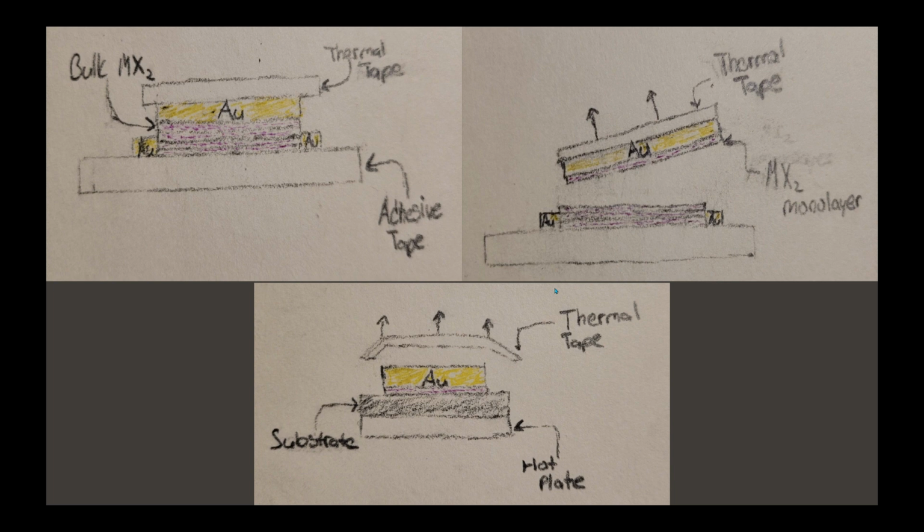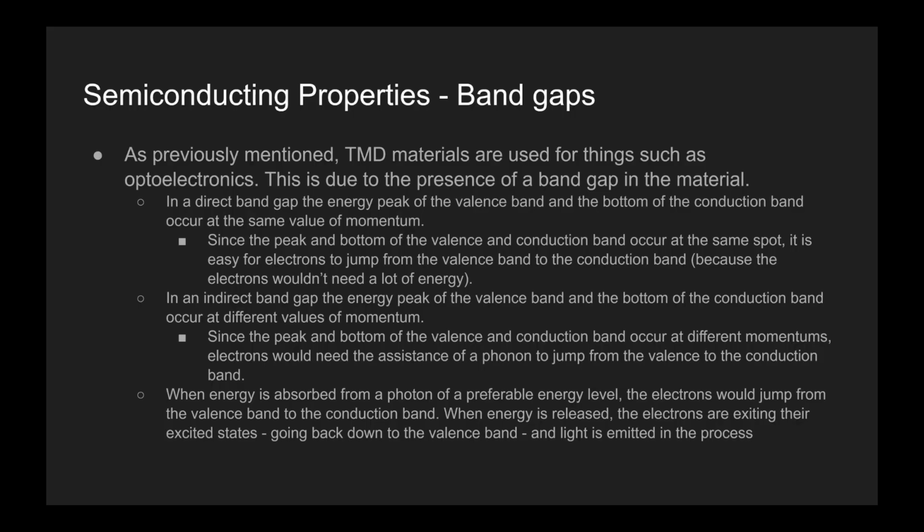In the second sketch, the one on the right, you could see that when the thermal tape was pulled away from the bulk crystal, the gold brought a monolayer of the bulk crystal with it. In the final sketch, we see that the gold was separated from the thermal tape through the use of a heat plate. The only step that isn't represented by these sketches is the etching step, where the gold is separated from the monolayer through the use of potassium iodide.